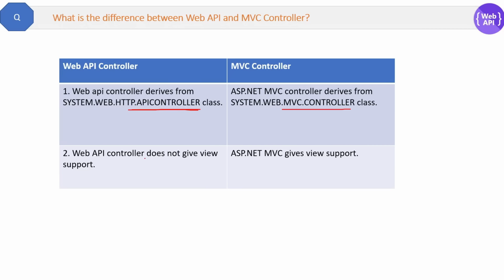So this is one difference. Now the main difference is Web API controller does not give view support. Web API does not need views, so that's why it doesn't give view support. ASP.NET MVC gives view support because in MVC applications we have views, so the controllers provide the view support. So that is the difference between these two.